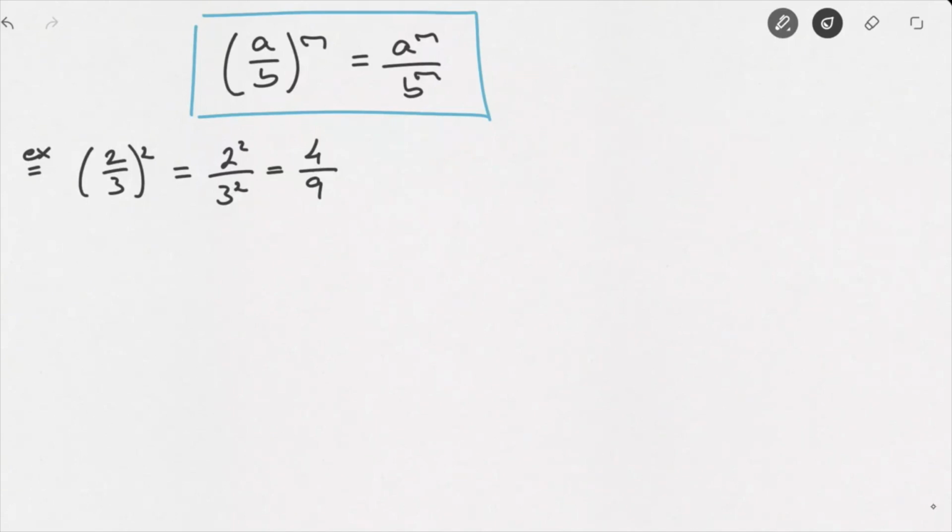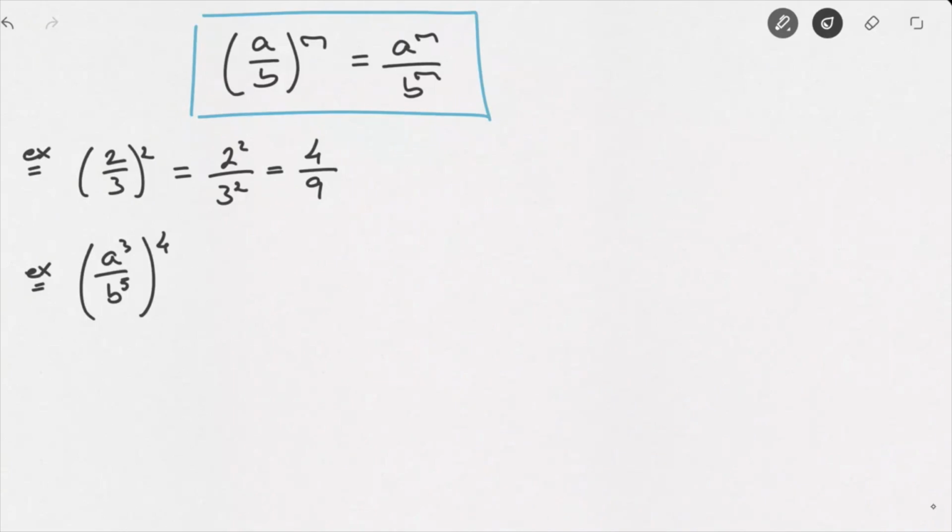Or we could be asked to simplify the following: a to the power of 3 over b to the power of 5, all of that raised to the power of 4. Well, using this law, we know that the 4 will distribute onto both the numerator and the denominator.